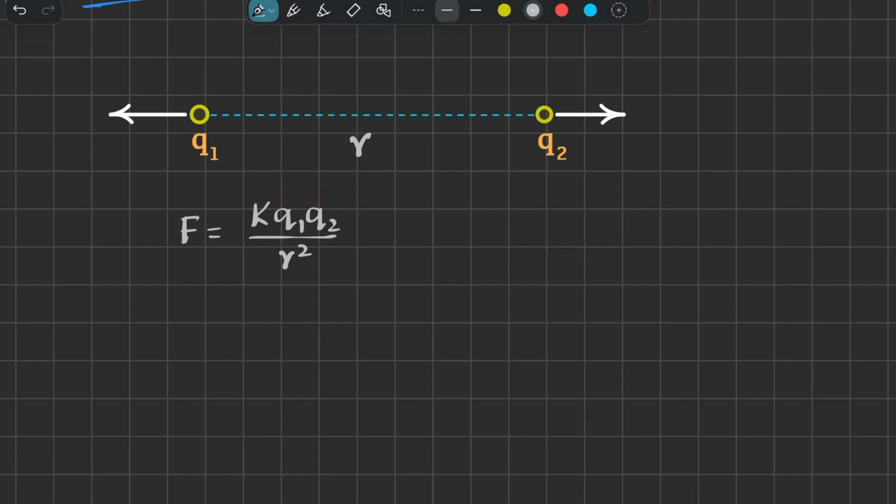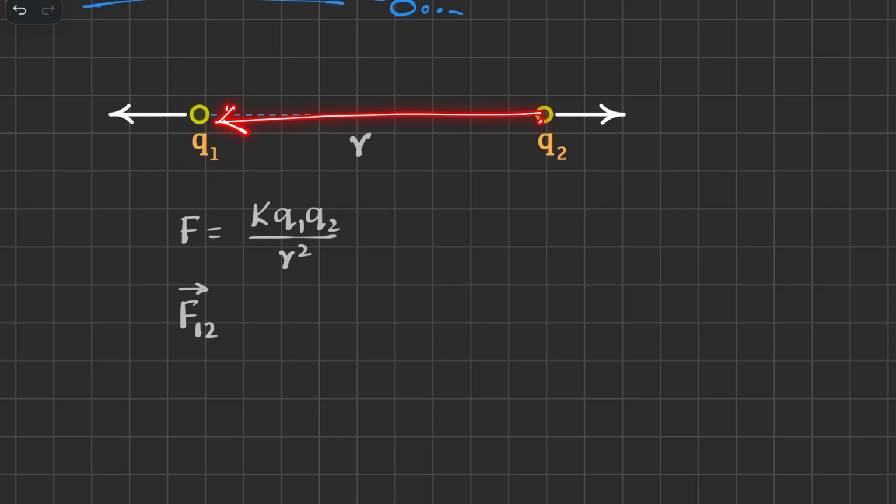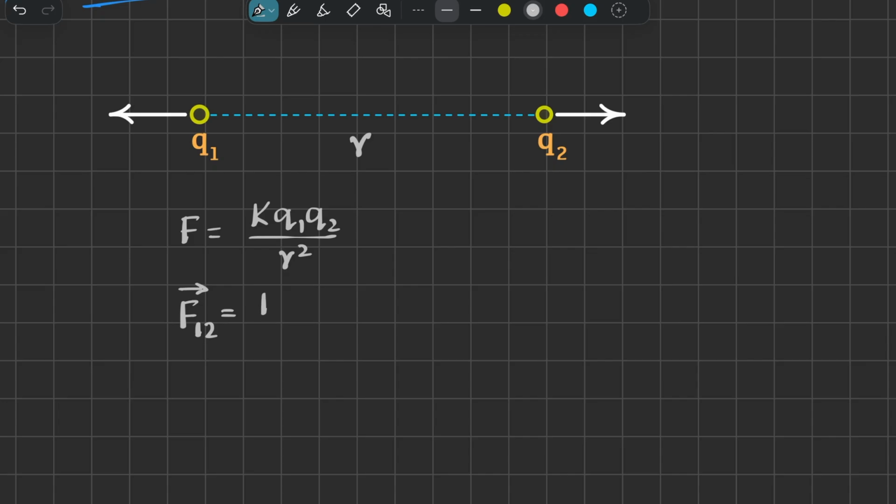So in this case, if we write it in vector format, I can write force on charge 1 due to 2. This is charge 1 here, and the force on this charge due to 2 will be in this direction, right? So first I will write the magnitude part here, K q1 q2 by r square.